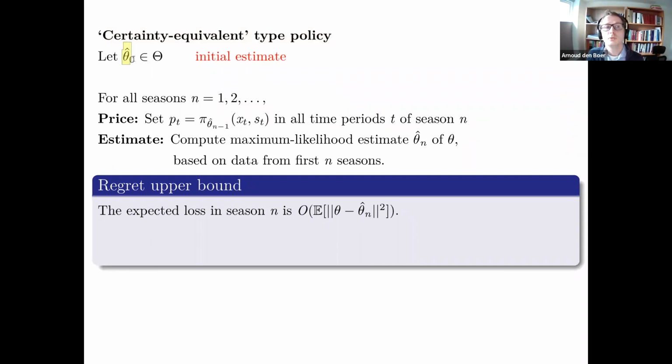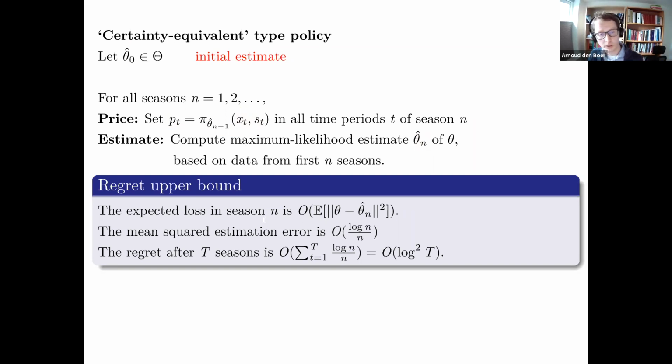So what do we do? We have some estimates. In each season, we just charge the price that is optimal given our current estimate theta hat in our current state. And when the season has ended, we update our estimate of theta with maximum likelihood estimation. Now, we know that the variance has some lower bound.